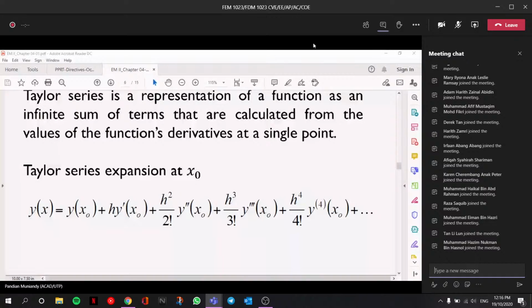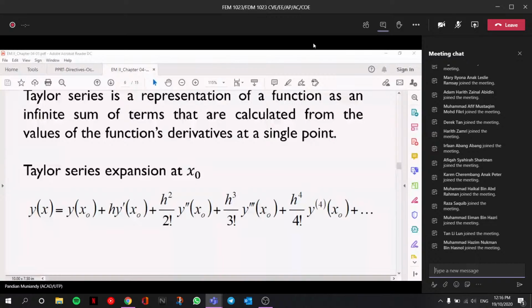We don't use this. So we make use of this, and because you see here there is dy dx, that's why we want to solve the differential equation. This is the differential equation, but this is the output. So we make use of this part, and then we solve the dy dx, the first order only.